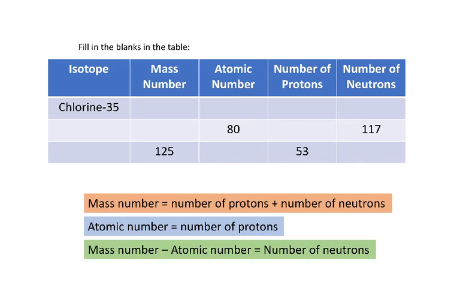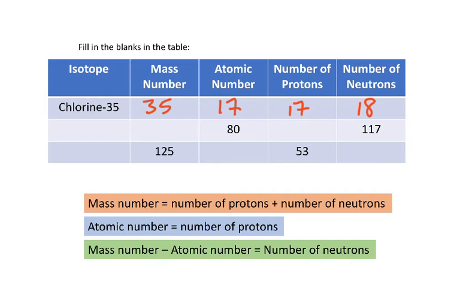Each row, enough information has been given to fill in all the rest. I've also included the equations from the last slide down here. So I want you to pause it and fill this in for yourself. And when we return, I will populate the answers.